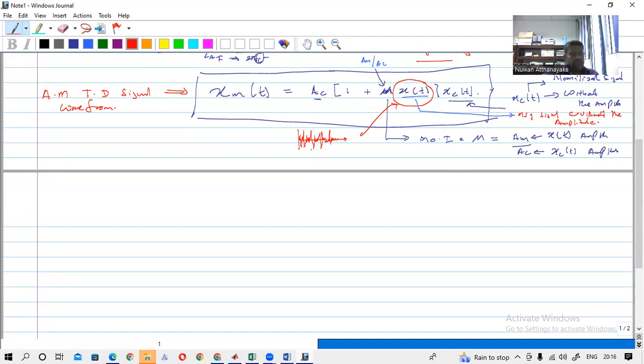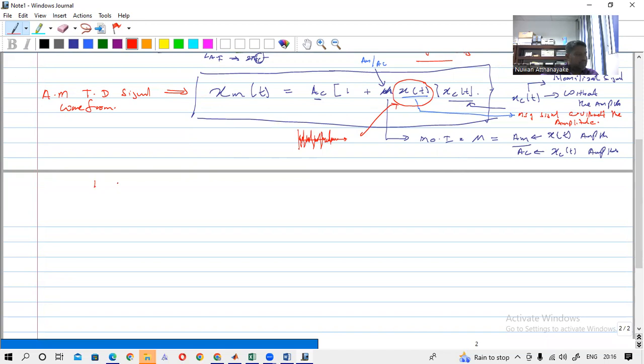If you use this kind of random signal for analysis, it will be very complicated. So you should use only one frequency component as the message signal, or modulating signal.